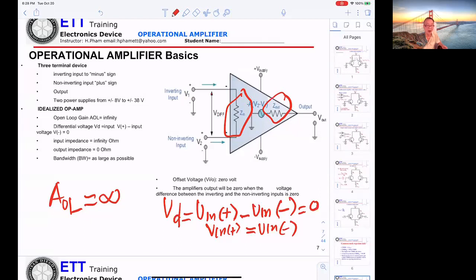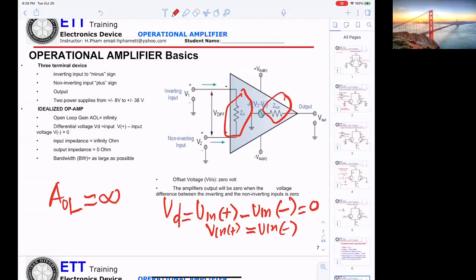That's what they call an offset. That's an offset voltage. Why? When you get a 0 input, you're supposed to get a 0 out, but they don't. You get a few millivolts output. That's what they're talking about, the offset.